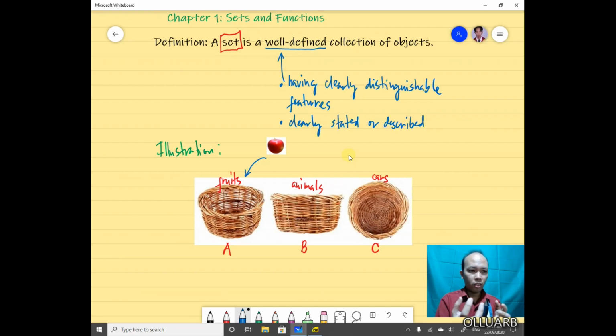You cannot distinguish if that given object belongs to a given set. Is there that kind of collection?